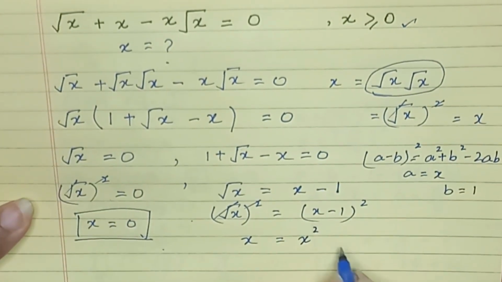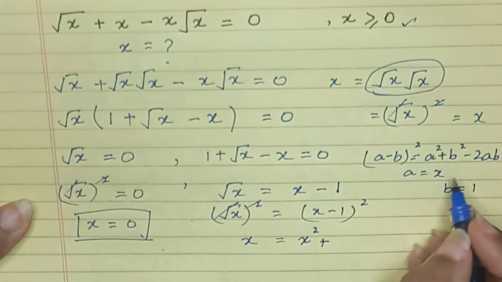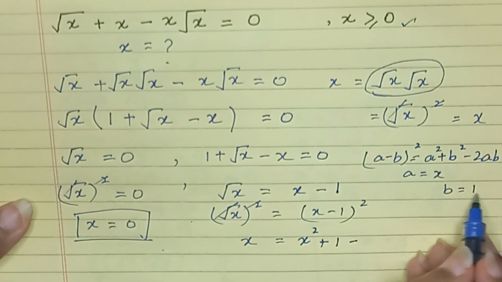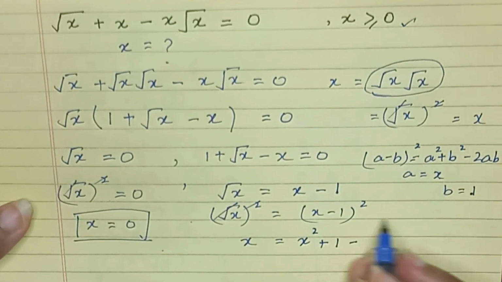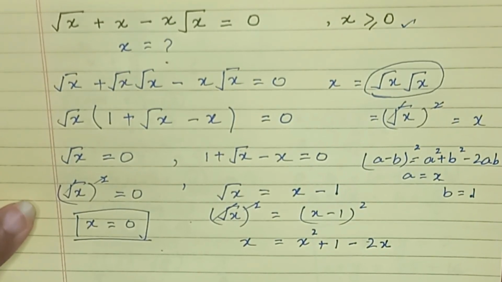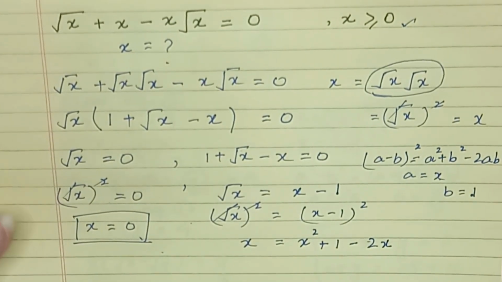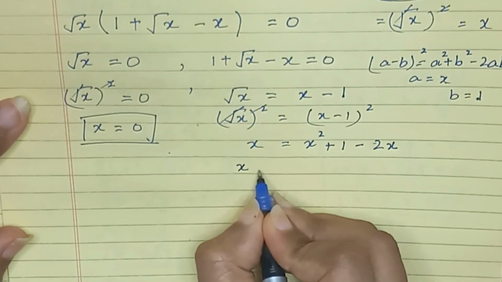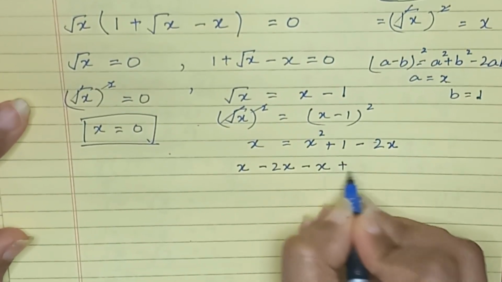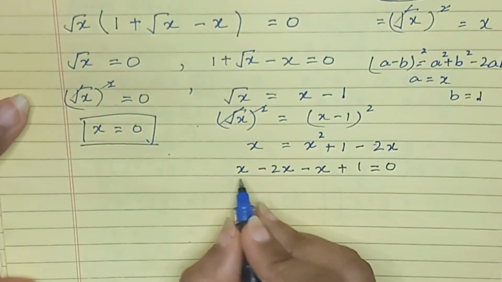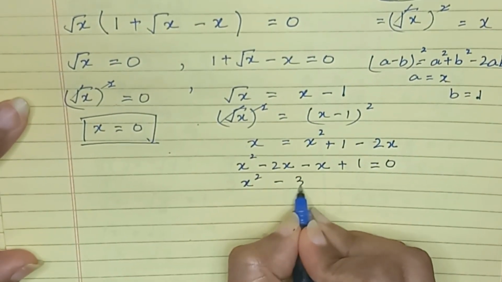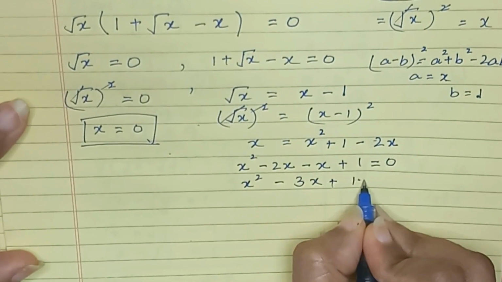So it will become x square plus 1 square, which is 1, minus 2 times 1 times x. So it will become x square minus 2x, and this minus x plus 1, which is equal to 0. So it will become x square minus 3x plus 1 equal to 0.